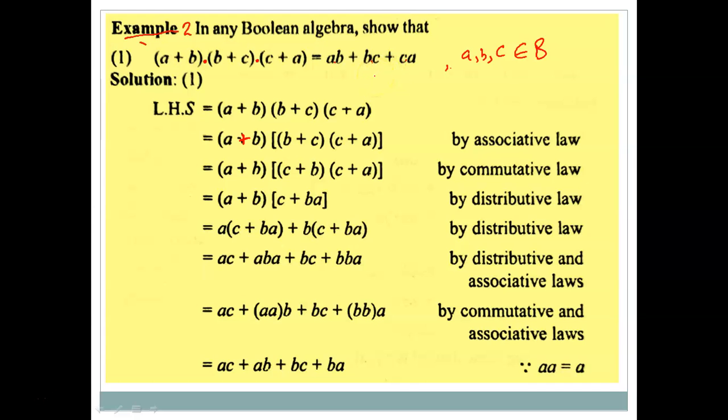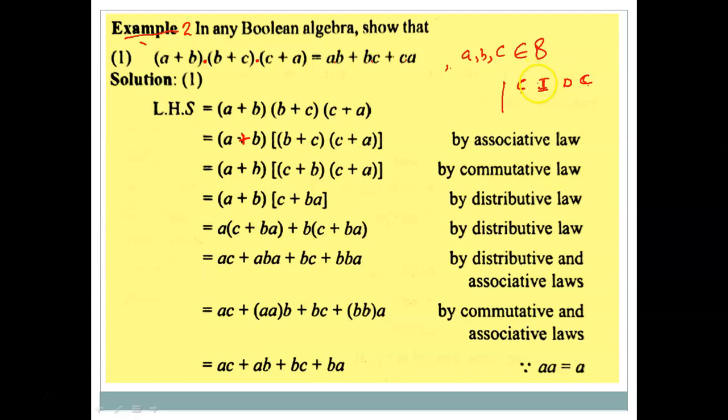In such problems, we should consider either the left hand side or the right hand side. If we are considering the left hand side, then we should arrive at the right hand side by using the axioms of Boolean algebra. These are the four axioms: commutative law, identity law, distributive law, and complement law.